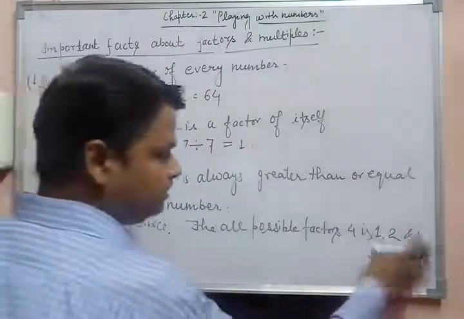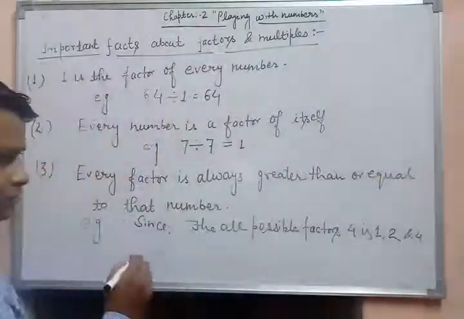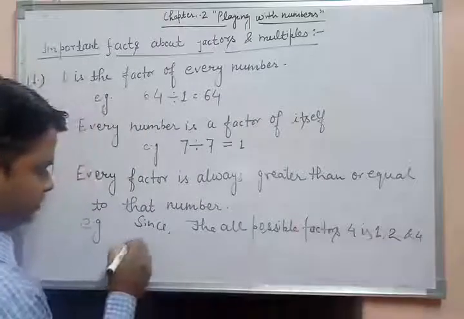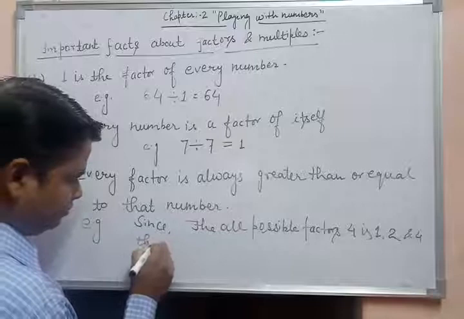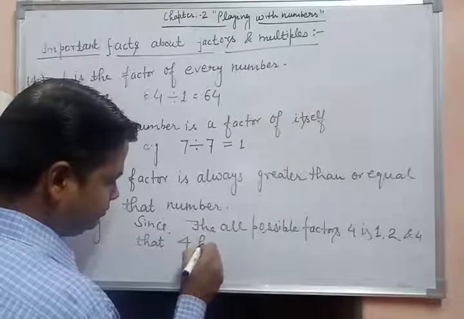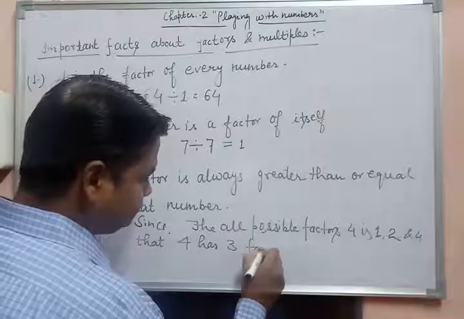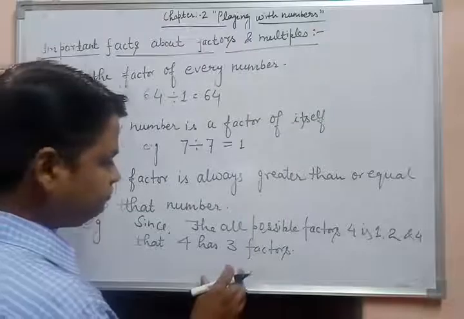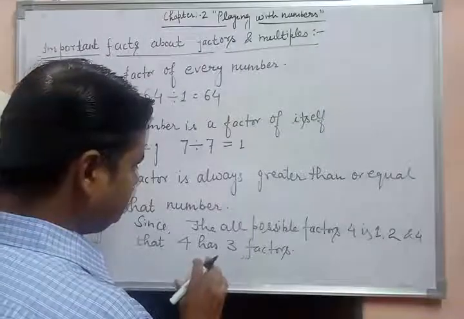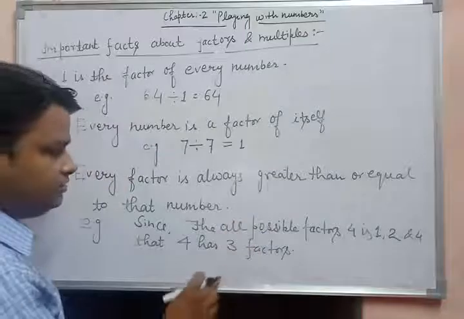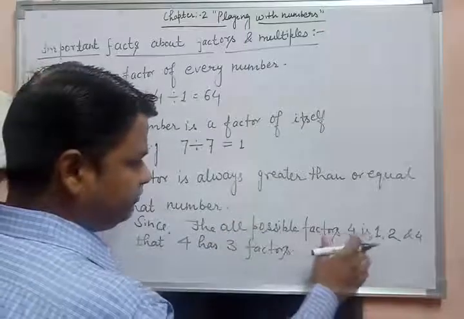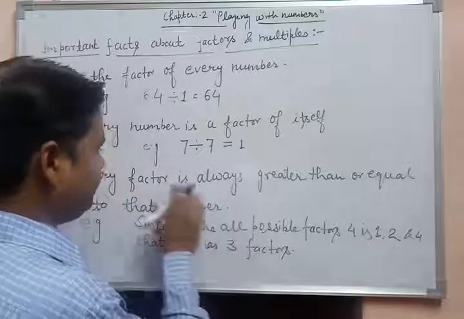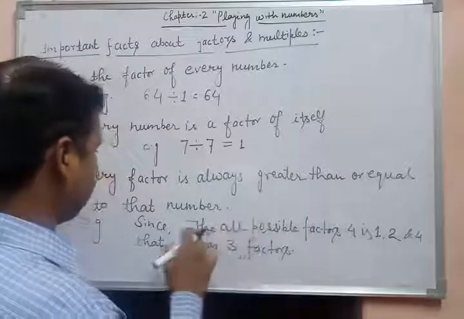Okay, so there are 3 factors of 4, and all the possible factors of 4 are 1, 2 and 4. So 4 has 3 factors. Okay students, so this is the example of this concept that all the possible factors of 4 are 1 to 4. So this shows that every factor is always greater than or equal to that number.